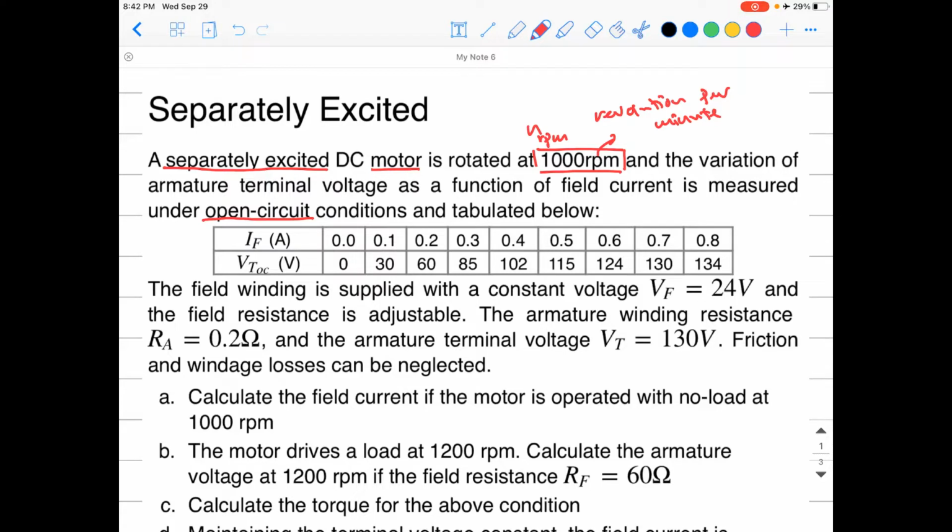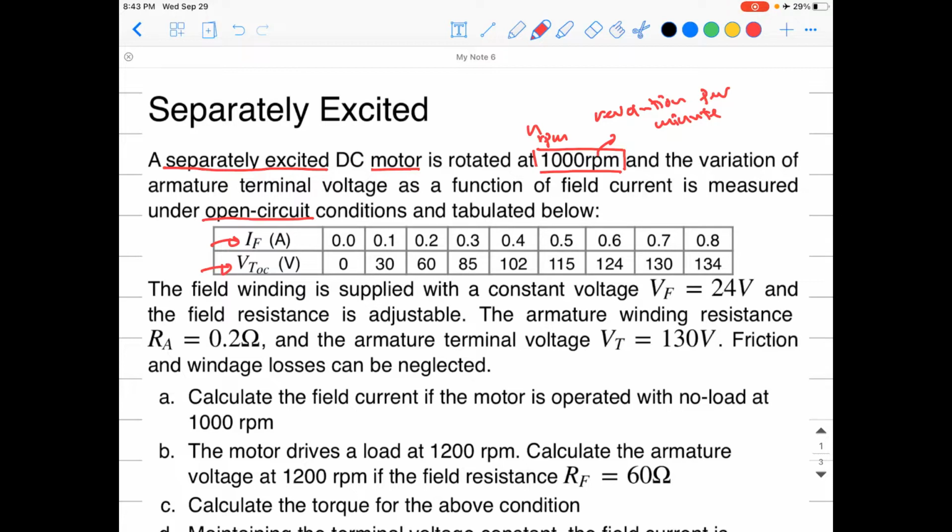By controlling the voltage of the DC source connected to the field winding, you can control the current, or keep the voltage constant and have an adjustable resistance in series with the field winding to control the field. You leave the armature terminals open circuited, just connected to a voltmeter, change the field current and record these values: the field current here in amperes and the terminal voltage at open circuit. So V_T, that's V terminal, OC means open circuit.